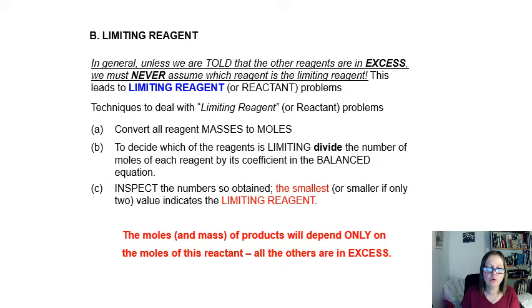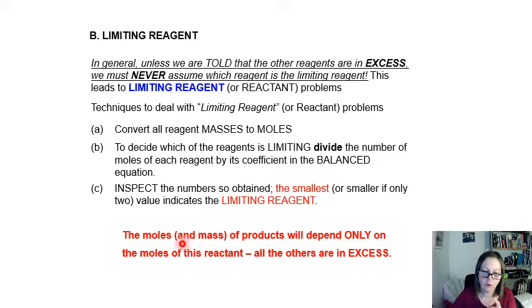So how are we going to deal with these types of problems? First, we're going to convert all of the reagent masses to number of moles. Then we are going to decide which is the limiting reagent by dividing the number of moles of each reagent by the coefficient in the balanced equation. And then we're going to look at what we get, and we'll see that the smallest number that we get will be the limiting reagent.